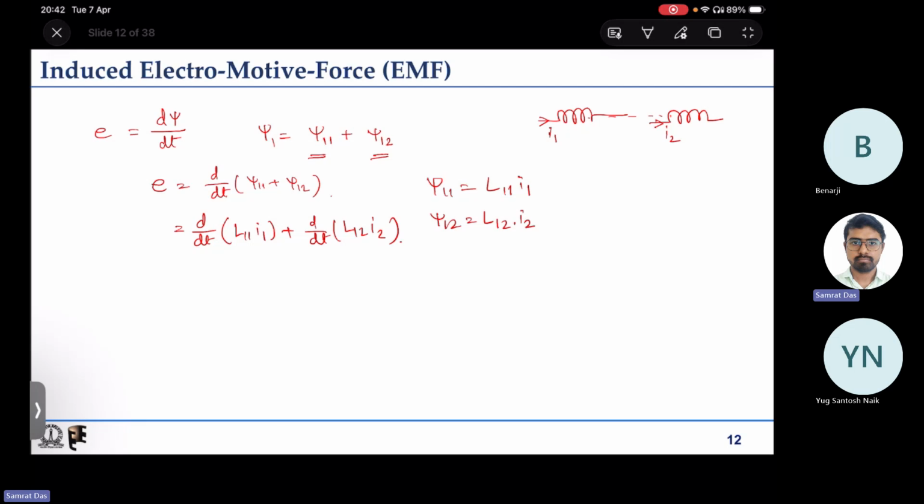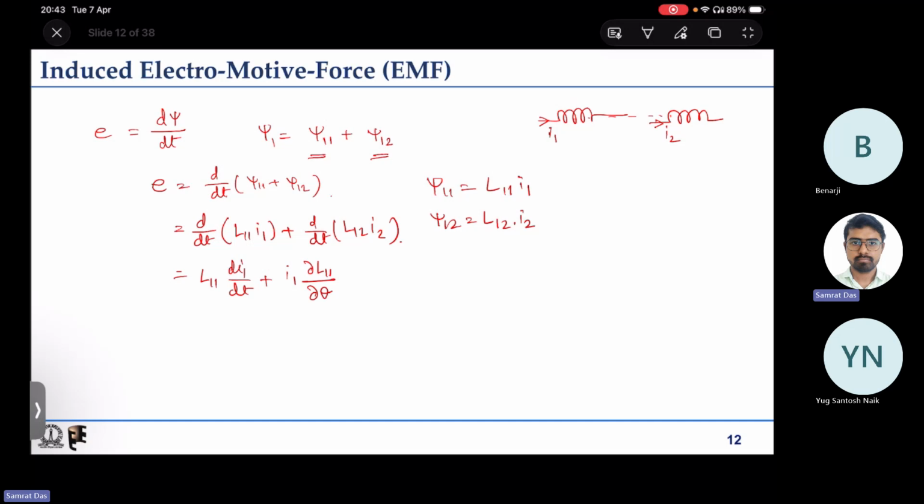Now because both can change with time, we have to take partial differentiation. First we will consider the inductance to be constant, so we have L11 di1/dt. Then we will hold the current constant and take the partial differentiation of self inductance with position.